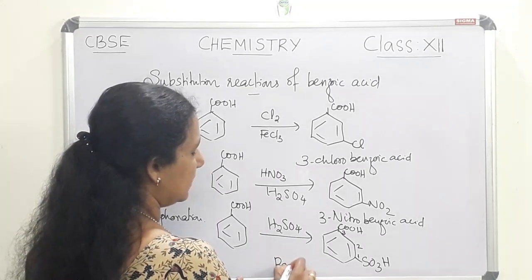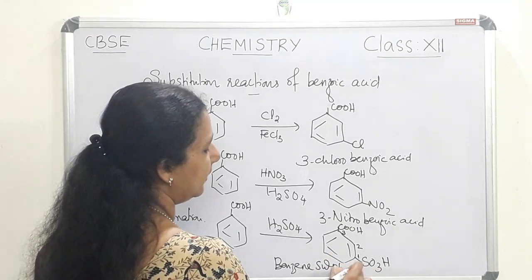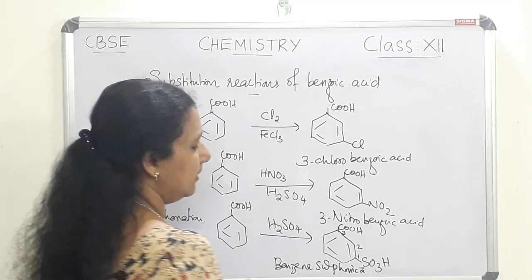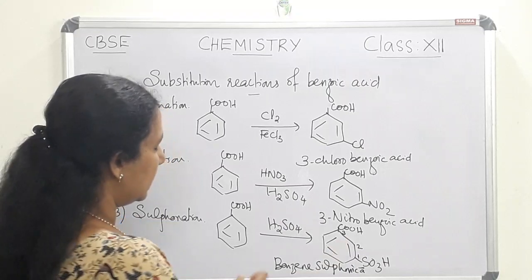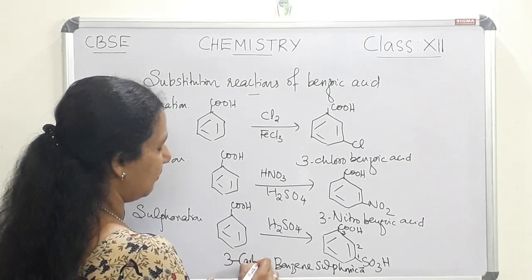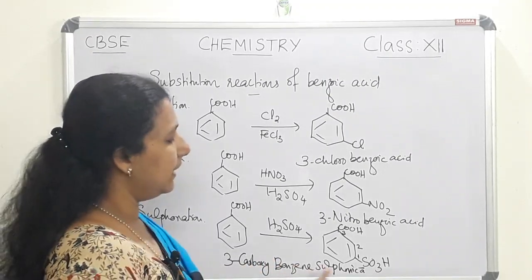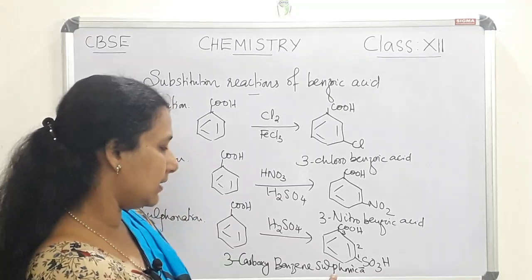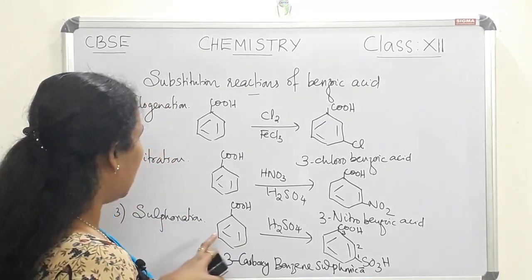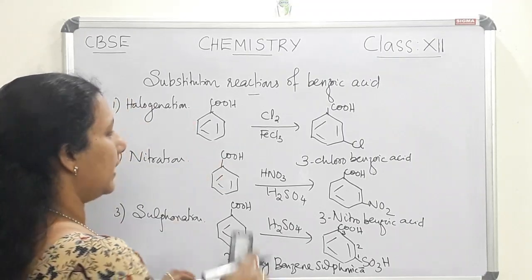So the name is 3-carboxybenzene sulfonic acid. So this is the product of sulfonation. So these are three substitution reactions.